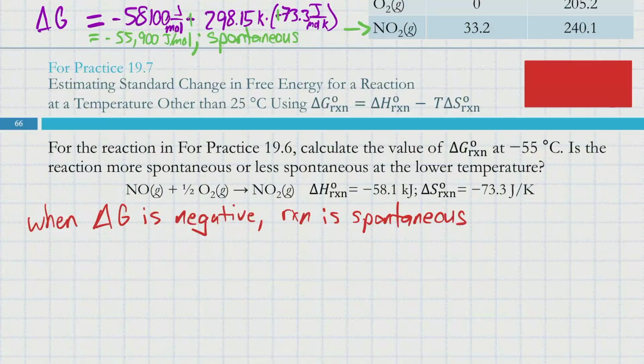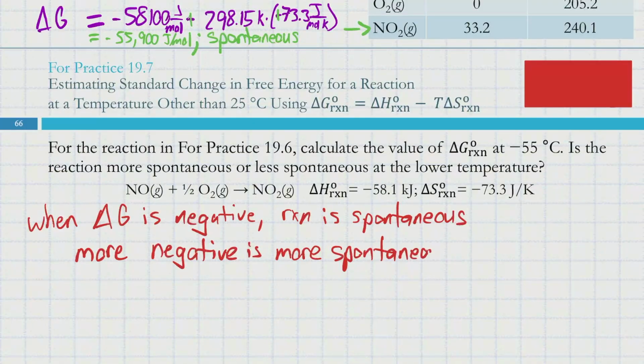So if it's more negative, we would expect it to be more spontaneous. So more negative is more spontaneous. This doesn't say anything about the rate of the reaction, just whether it occurs without outside energy input.